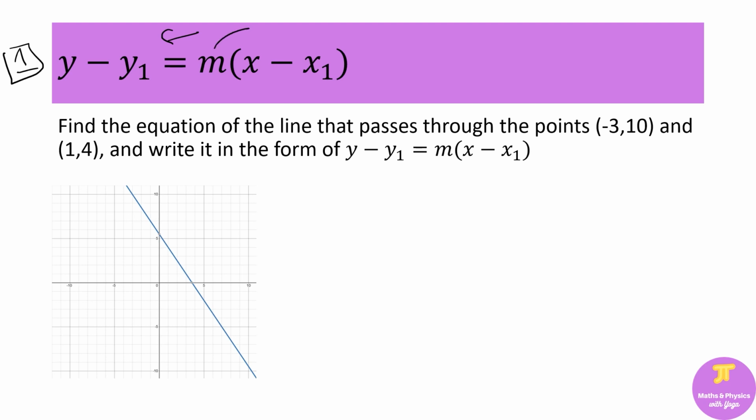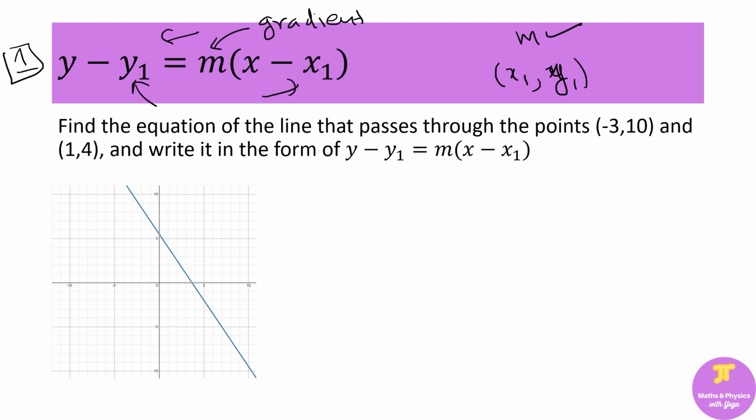Here m is the gradient of the line, and y1 and x1 are the coordinates of a known point. So if we know the gradient and one coordinate, then we should be able to get the equation of this line.